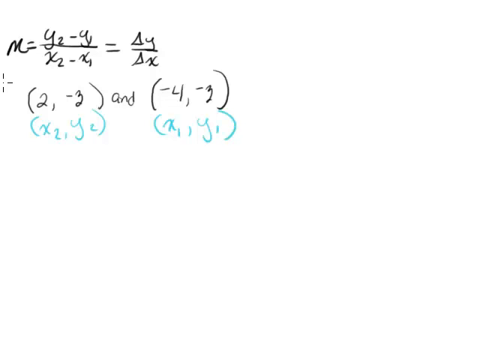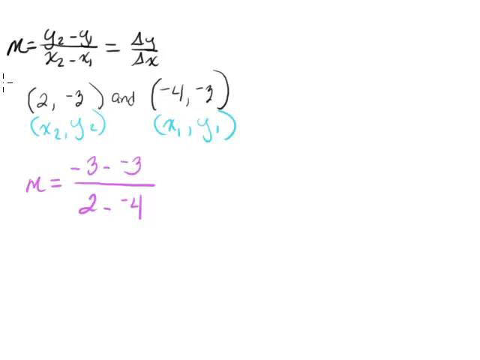It really doesn't matter. So here, when we write this out, m equals negative 3 minus negative 3, because y sub 2 minus y sub 1, and now 2 minus negative 4, so x sub 2 minus x sub 1. And this just comes from experience of knowing that if I say a positive minus a negative, I'm going to get a positive.